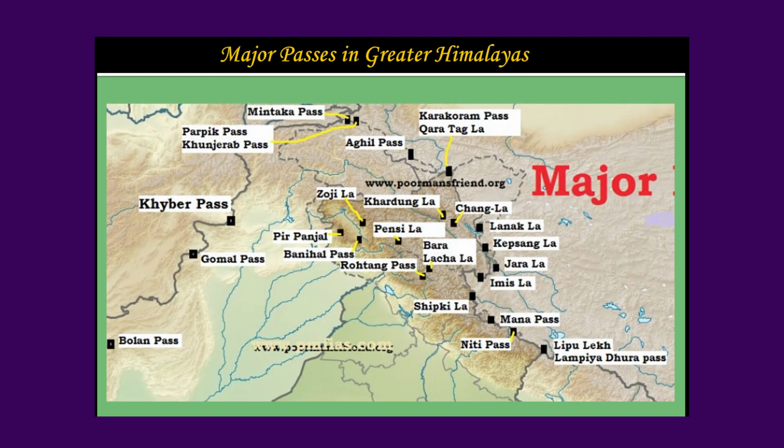The famous pilgrimages such as Gangotri, Yamunotri, Kedarnath, Badrinath and Hemkund are also located in the Kumaon Himalayas, as is the famous Valley of Flowers. Baralacha La, Debsa Pass, Rohtang Pass and Shipki La mountain passes are located in the Himachal Himalayas. Lipu Lekh, Mana Pass, Niti Pass and Mulingla passes are located in the Uttarakhand Himalayas.